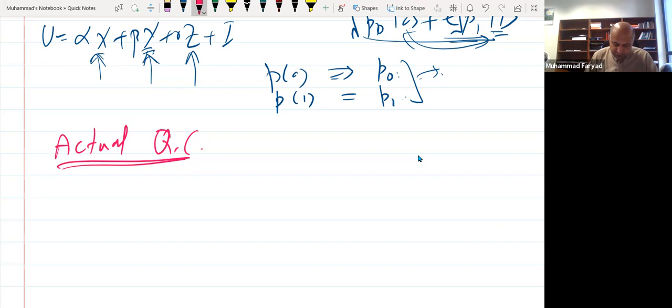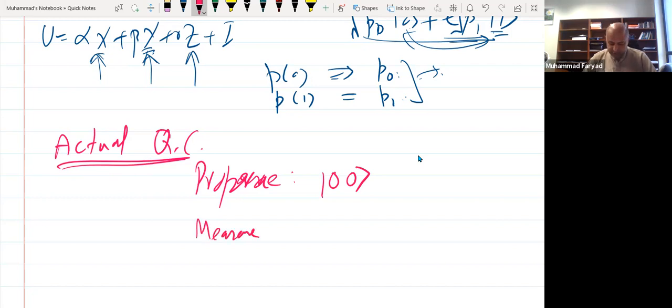For example, you can prepare your qubits in a given state, and then do a set of measurements and see what's the state. Suppose I have a 2-qubit system, and I prepare them in this 0,0 state, and then I measure, say 1,000 times.